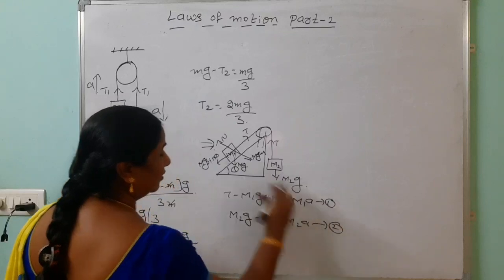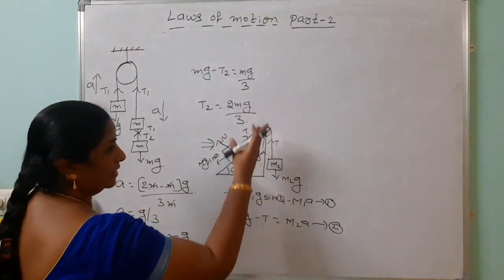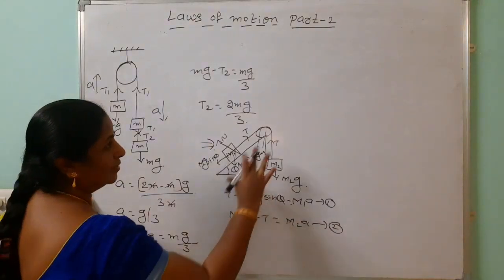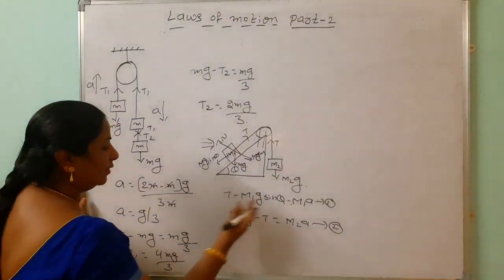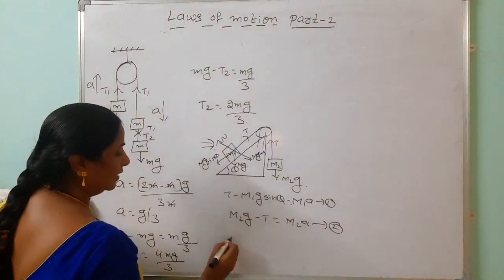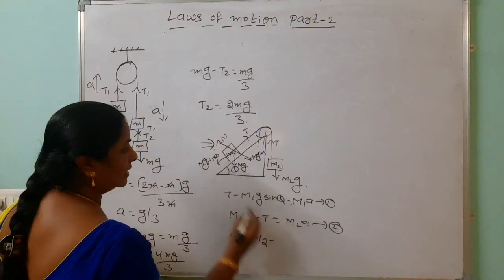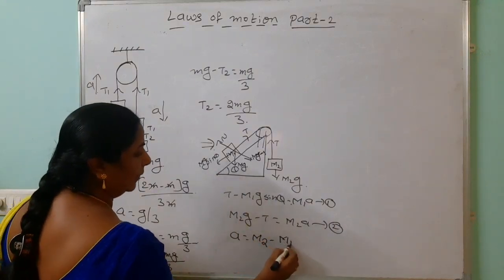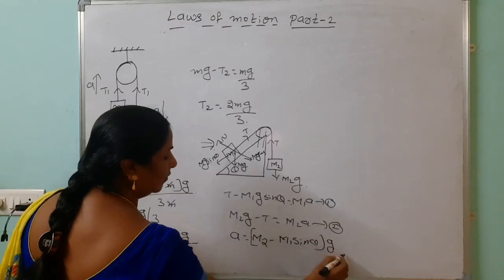After simplification, whatever the figure, go through the free body diagram. Upward, what are the forces? Downward, what are the forces? Finally, you should observe whether it is coming downwards or upwards. Then you should balance, and after simplification, here you are getting a equals (m2 minus m1 sin theta) into g by m1 plus m2.